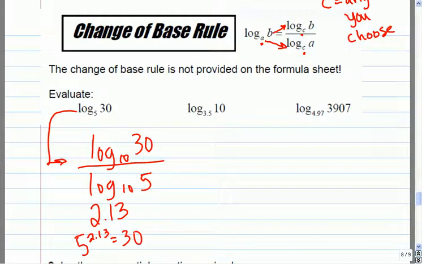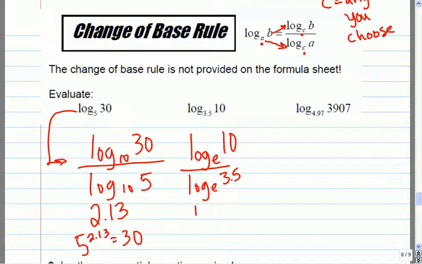Okay, so let's try and rewrite again. This time, let's be complicated, right? I mean, what's math class without being confused? Let's do Euler's number. Let's do the natural log. So instead of base 10, let's do log in base E. So that means I get to choose any number I want. 10 goes to the top. 3.5 goes to the bottom.